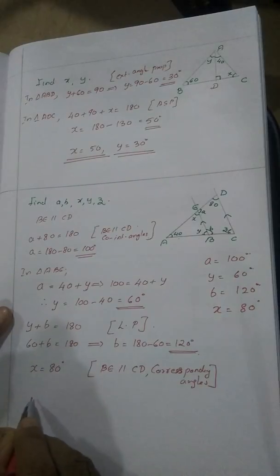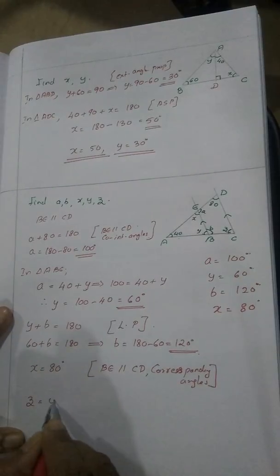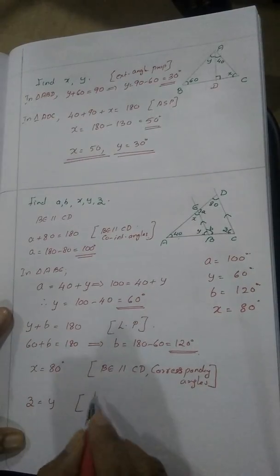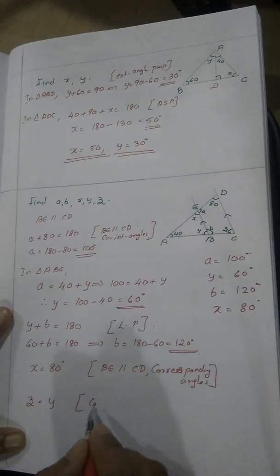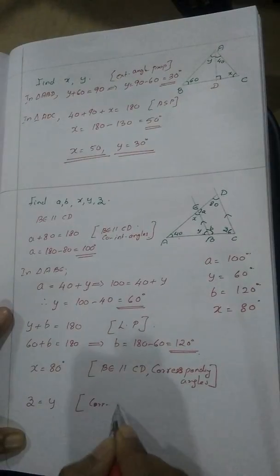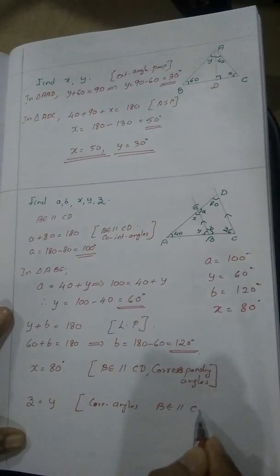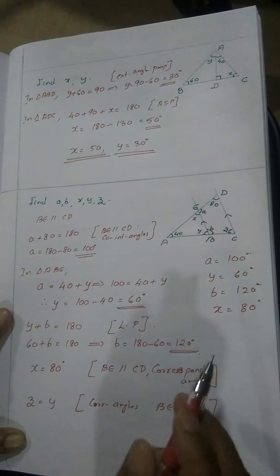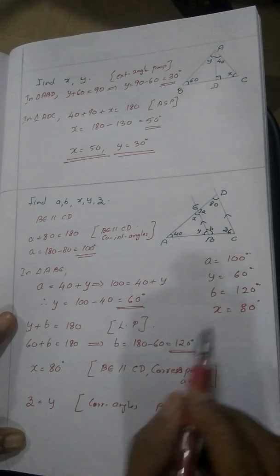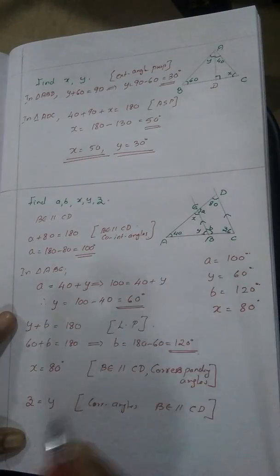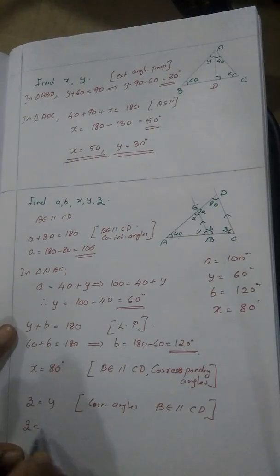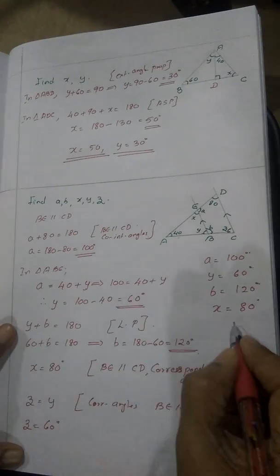Therefore Z is equal to Y. Reason, corresponding angles. BE is parallel to CD. Corresponding angles are equal. So Z is equal to Y, which we got as 60. So therefore Z is equal to 60 degrees.